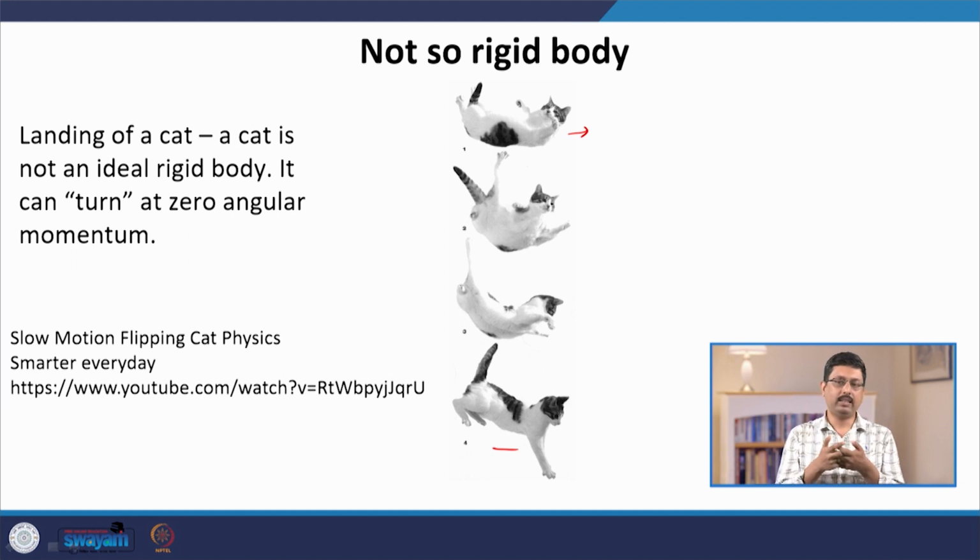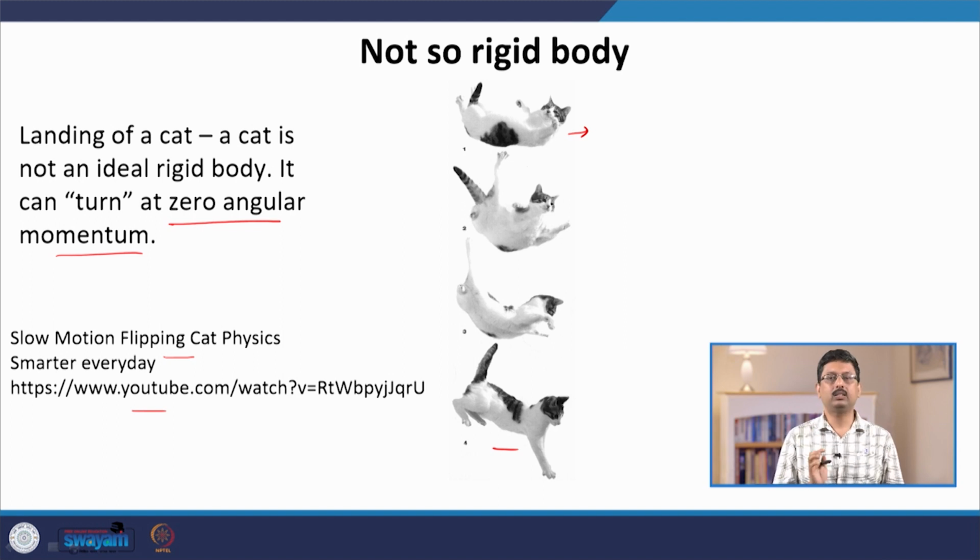But the cat is actually not a perfectly rigid body, it is an elastic body and different parts can deform with respect to each other. This particular phenomenon of turning of the cat is called a zero angular momentum turn, and instead of going into more details, I refer you to some link on YouTube where you can see some real actual experiments with falling cats and the explanation of the interesting physics behind it.